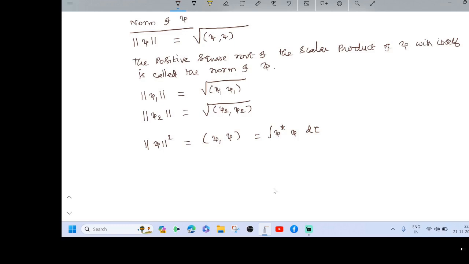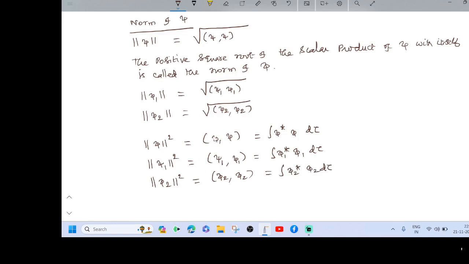In the same manner, the norm square of psi1 is equal to psi1 comma psi1, which is the integral of psi1 star psi1 into d tau. The norm square of psi2 is equal to psi2 comma psi2, that is, the scalar product of psi2 with itself, which is equal to the integral of psi2 star psi2 into d tau.